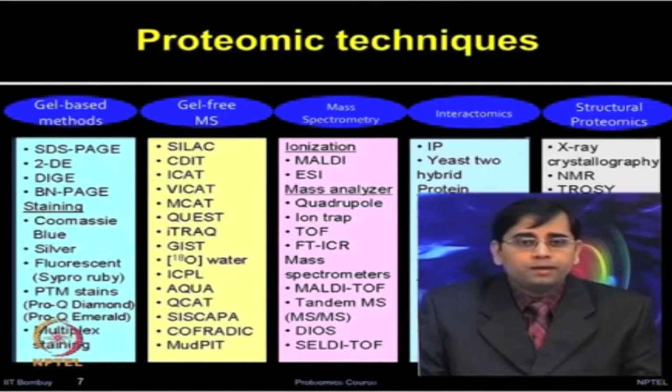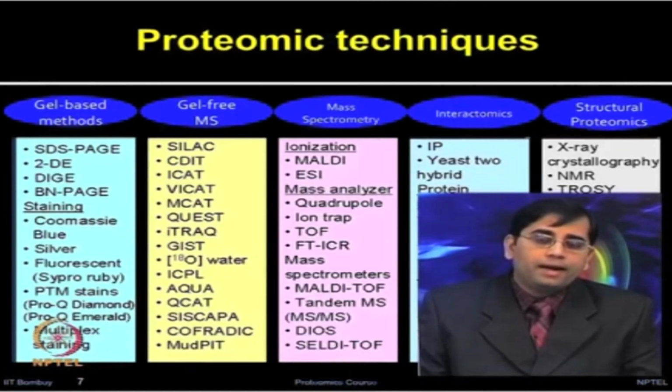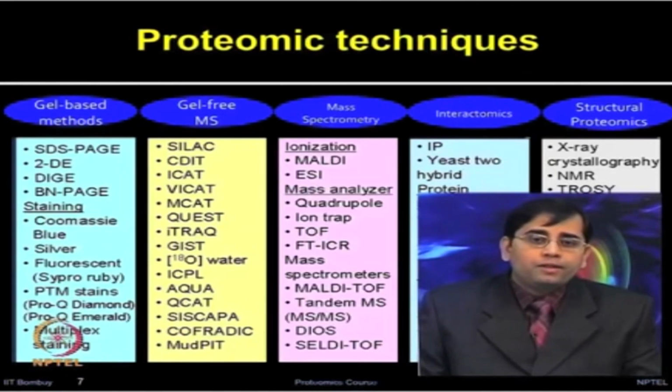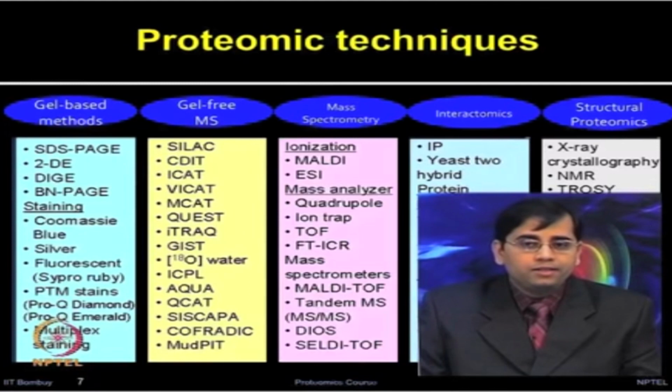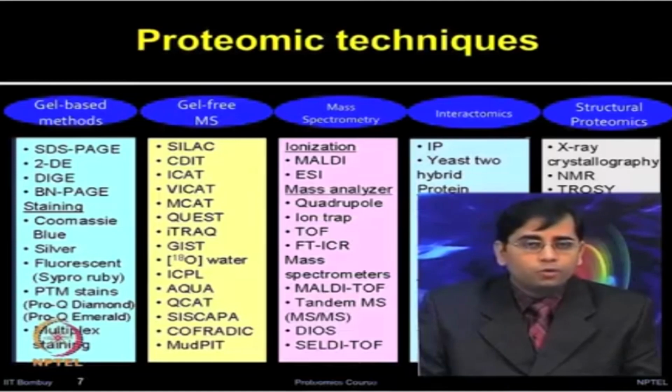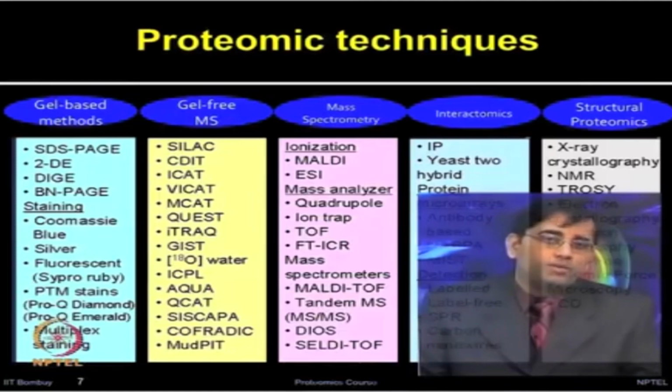The structural proteomics involves X-ray crystallography, nuclear magnetic resonance (NMR), transverse relaxation optimized spectroscopy (TROSY), circular dichroism (CD), and different types of microscopy methods including atomic force microscopy and electron microscopy.